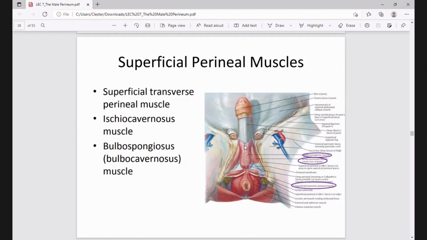Sa ilalim po nitong bulbospongiosus muscle is the corpus spongiosum and the bulb of the penis. And the ischiocavernosus muscle is the one that covers the root of the corpora cavernosa.